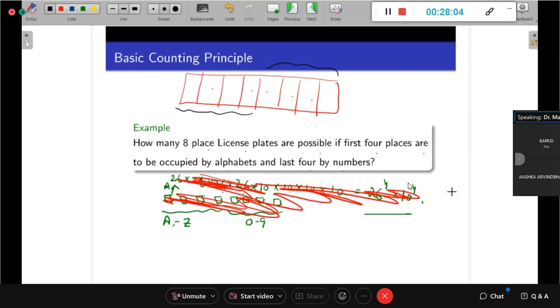So how many choices do you have here? You can fix any alphabet from A to Z, and you can fix any number between 0 to 9.